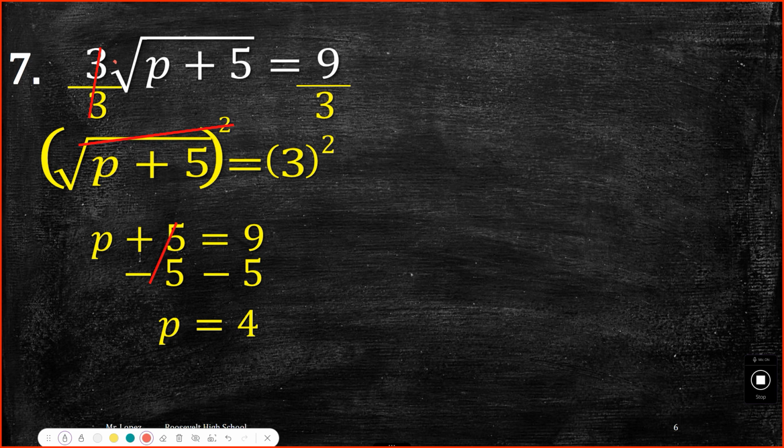I think this is the last problem, I hope, coming up. I don't know. All right, let's go number 8. Problem number 8. What is step 1? Divide by 2.